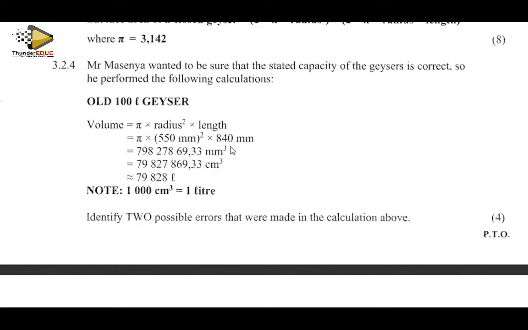Remember, we are looking at capacity. Indeed, this is right, but the radius has to be squared. But now, when you take note of it, he used the diameter. So possible error number one, he used the diameter. He didn't use the radius. That's error number one.